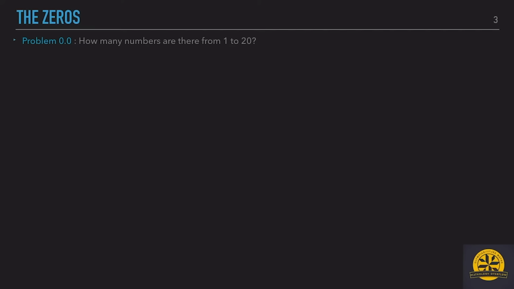Let's look at the next problem. How many numbers are there from 5 to 20? We can proceed similarly as before, noting down the numbers 5, 6, 7, 8, 9, all the way up to 20. We can count them one by one, and it counts to 16.